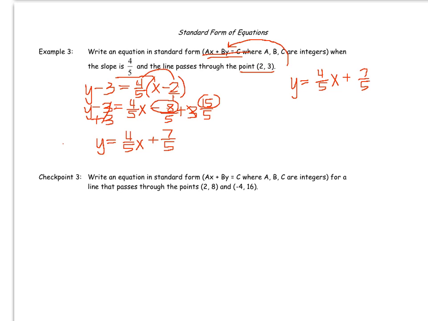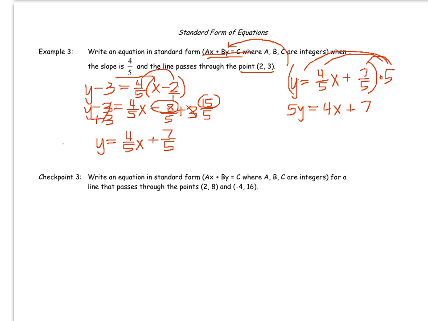Well, in this case, the denominators are both 5, so we're going to multiply everything by 5. If I take 5 times y, I get 5y. 5 times 4/5 is 4x. And 5 times 7/5 is plus 7.